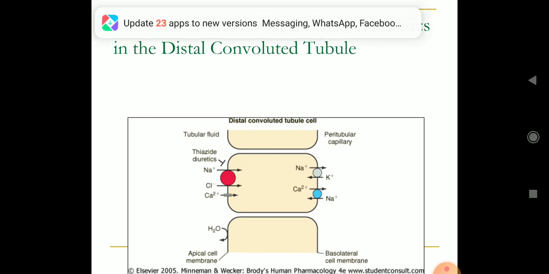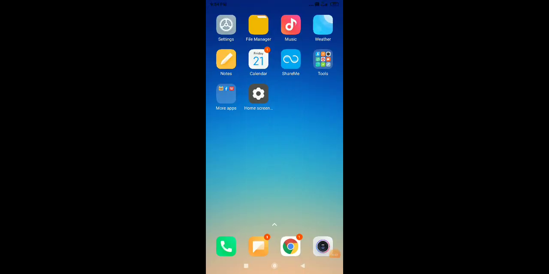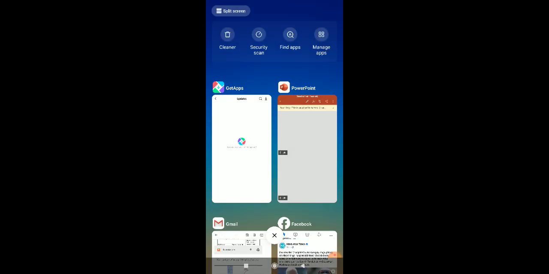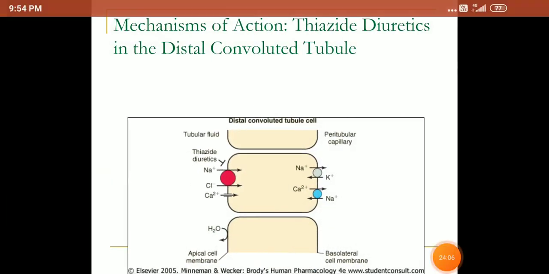It is a diuretic of choice in mild to moderate edema with congestive heart failure, with reduced preload and reduced afterload on the heart, increased efficacy of the heart.